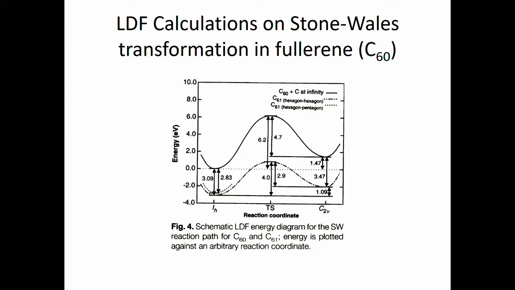Now, if you then add the carbon atom near the Stone-Wales transformation site, then, as you can see, you reduce the activation energy substantially. It's still quite high, but given the conditions under which you produce the fullerene, this was a plausible mechanism how carbon atoms could, in an autocatalytic process, help with the formation of icosahedral C60.